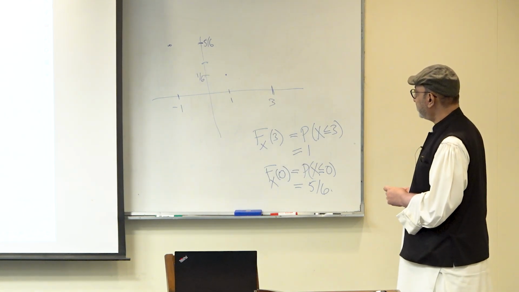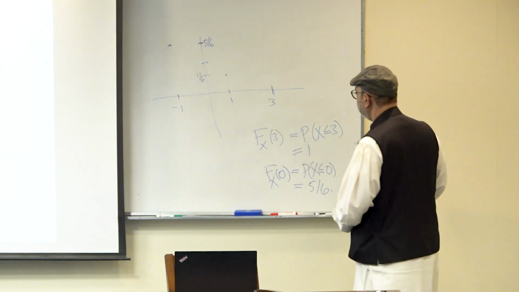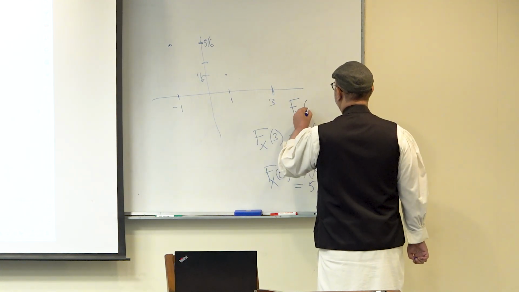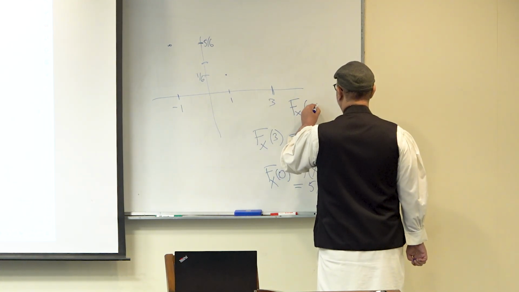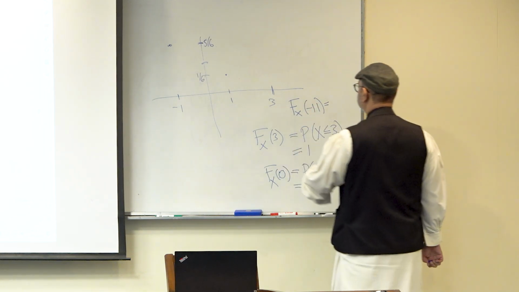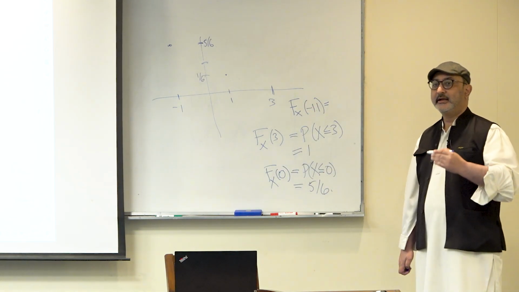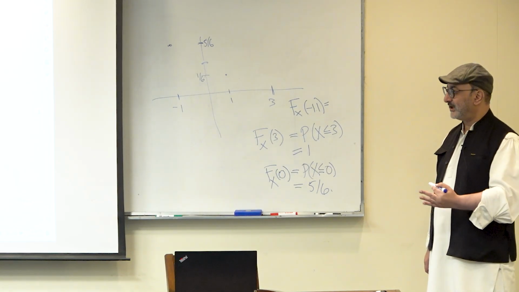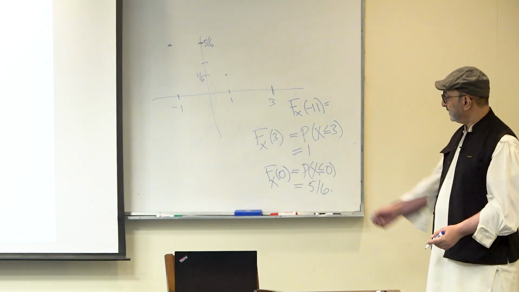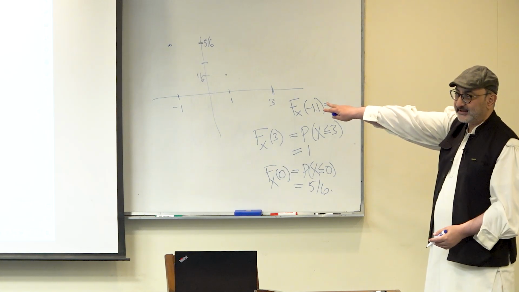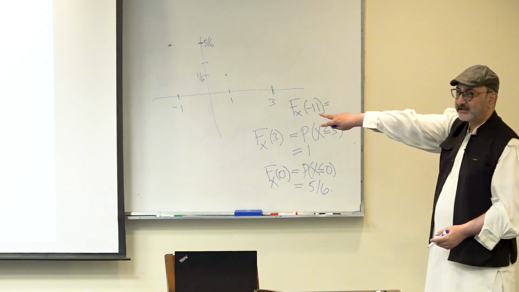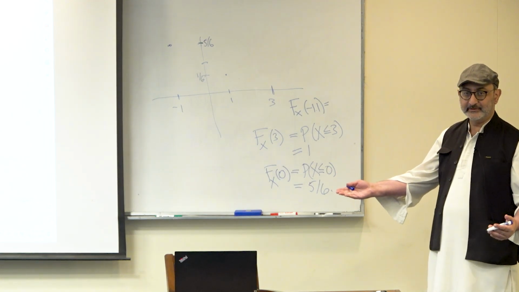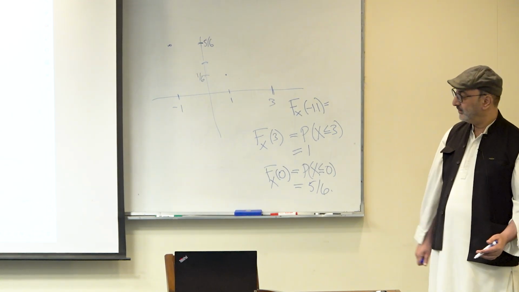How about f sub x of -1.1? Great. That's the probability that x is less than or equal to -1.1. But the only allowed values of x are -1 and +1, none of those are less than or equal to -1.1.